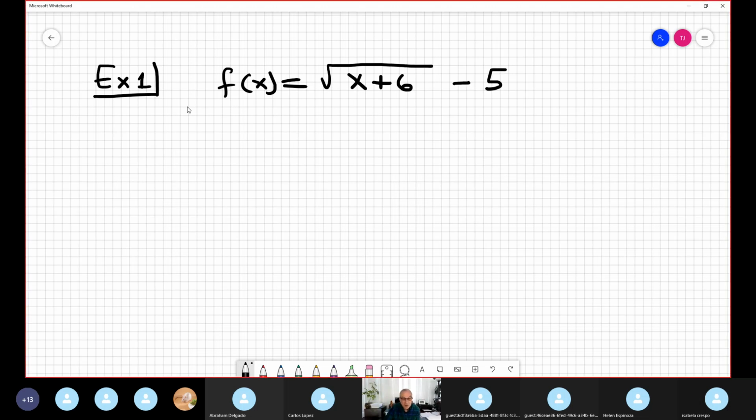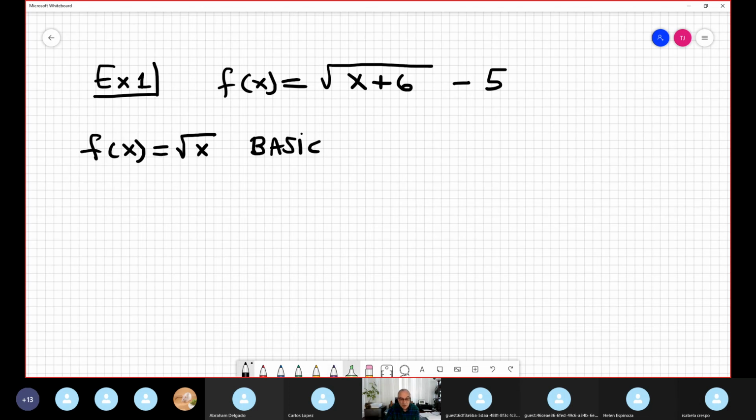So I realize that this function belongs to the family of the function square root x. This is the basic function. Okay, we start from this. However, you analyze the transformations one by one, according to the order of operations.